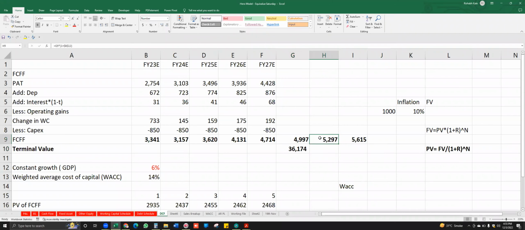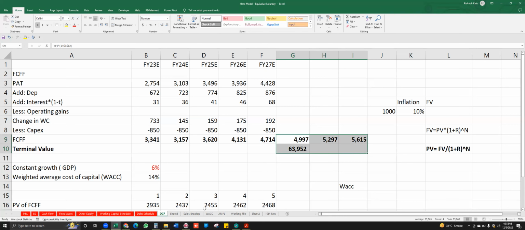It should increase, because now you are discounting much higher cash flows. It is not constant. So you subtract the growth rate, and make sure you put brackets over here. Now this is called your terminal value.